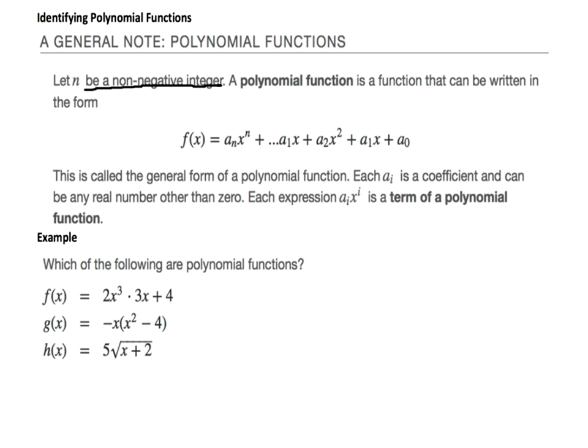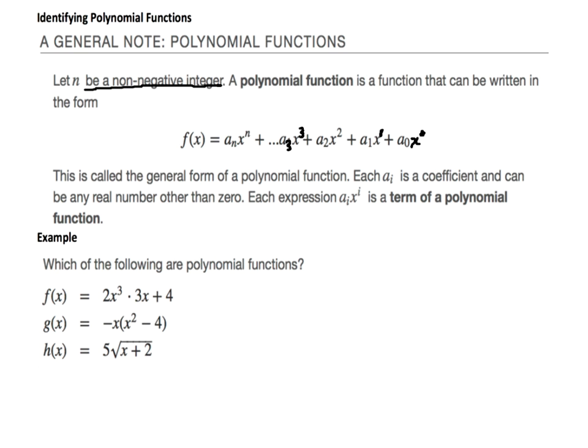This should be a sub 3 x cubed, because I'm talking about the standard form here for a polynomial function, all the way down a sub 2 x squared, a sub 1 x raised to the understood first power, and a sub 0, and there's an understood x to the 0 power there, which we know is just 1, so it doesn't show up.